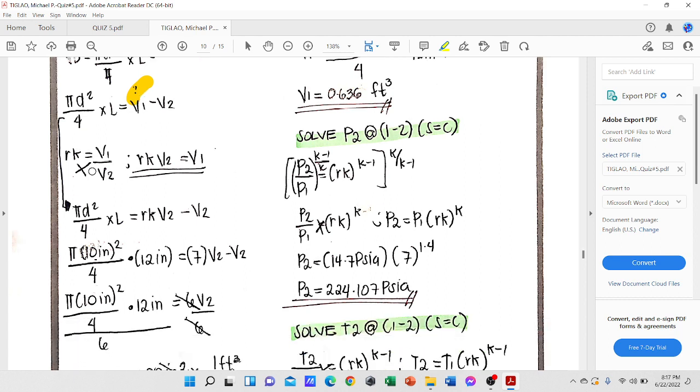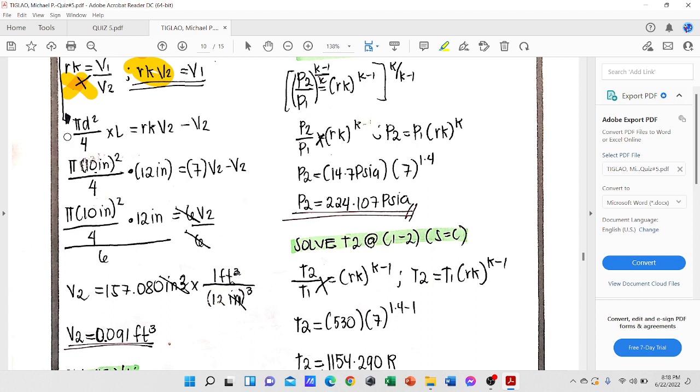So, with rk, I equated it to get the final formula for volume 1. I cross multiplied, so V1 equals rk multiplied by V2. Then I substituted this formula for volume 1 into the formula we built: pi d squared all over 4 multiplied by the length equals rk multiplied by V2 minus V2.